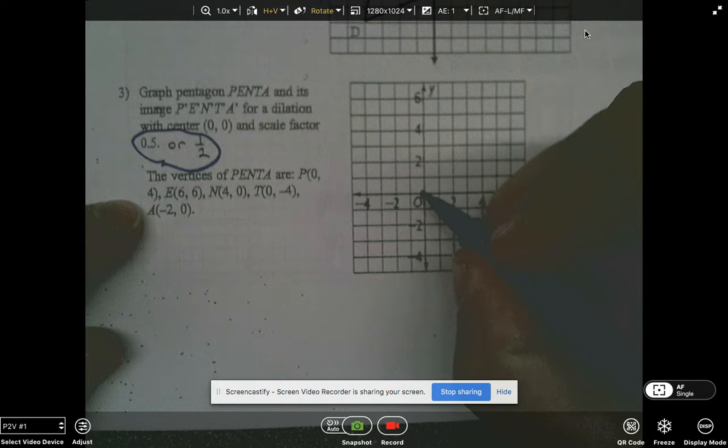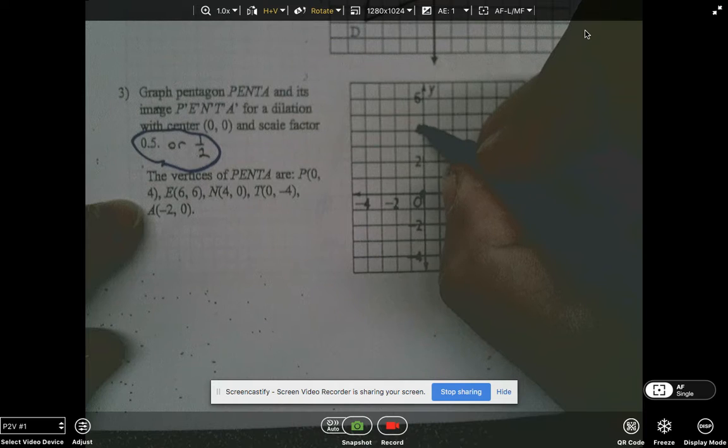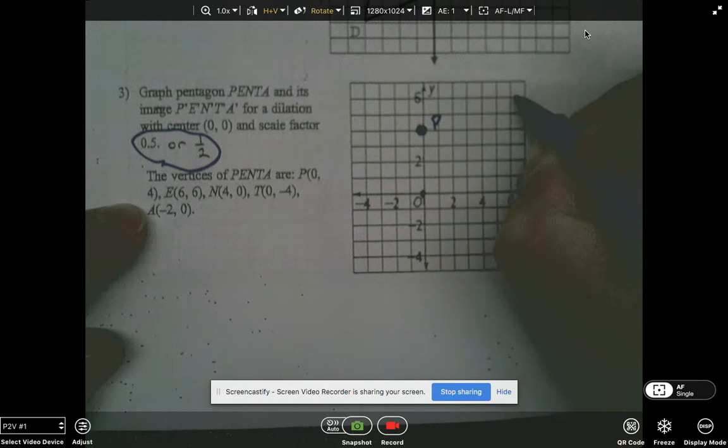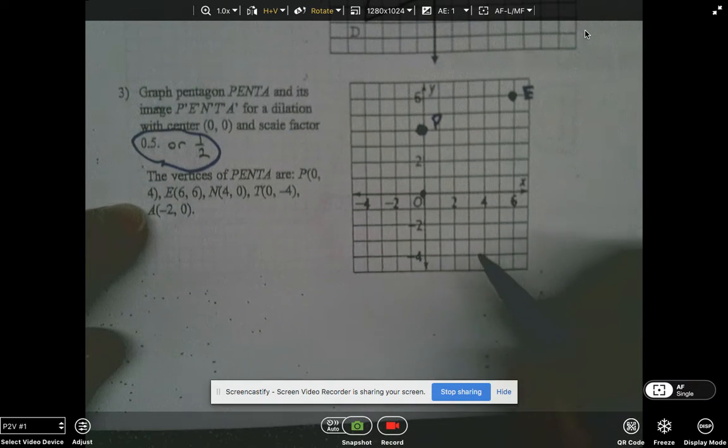So I'm going to put a dot here at 0 left to right, and then up 4. Call that P, just regular P. And then E is 6, comma 6. So I'm going to go here, over 6, up 6. Call that E.